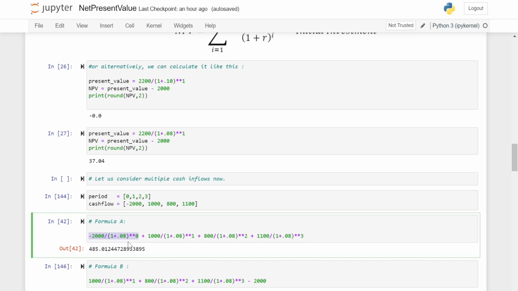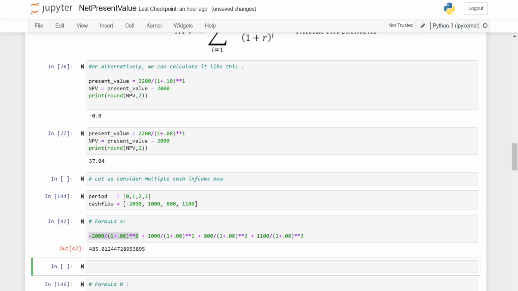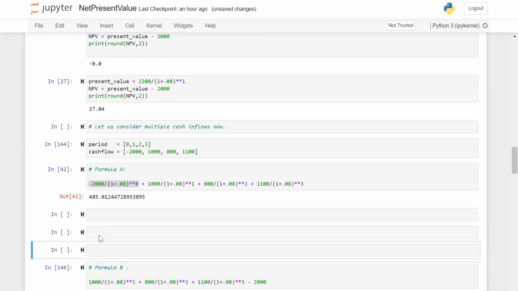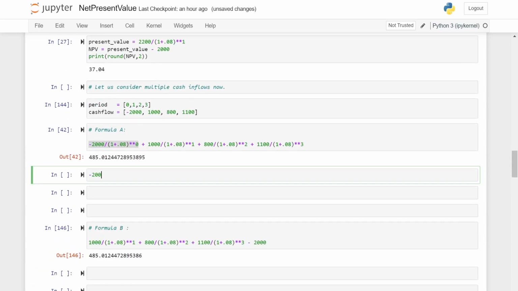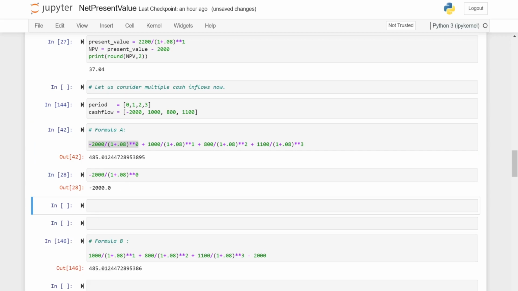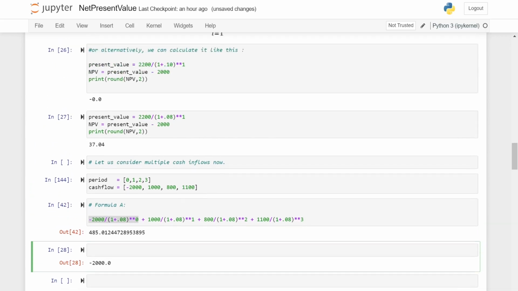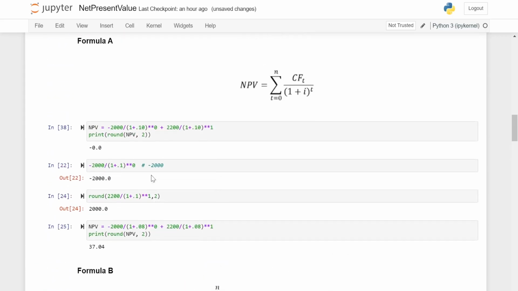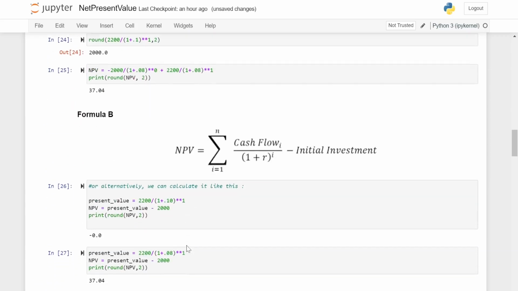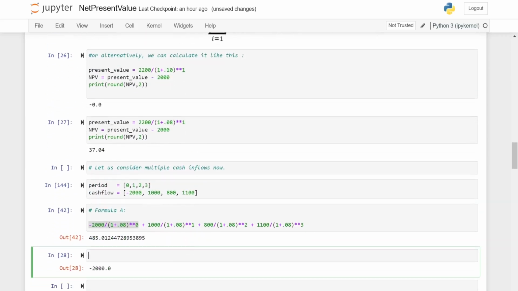Anyway, we are writing it like this, but the end result will be minus 2000 only. We will not write it straight away like that. We will write this entire stuff. Although it becomes minus 2000, we still have to maintain consistency with this notation, and hence we will write this entire expression.